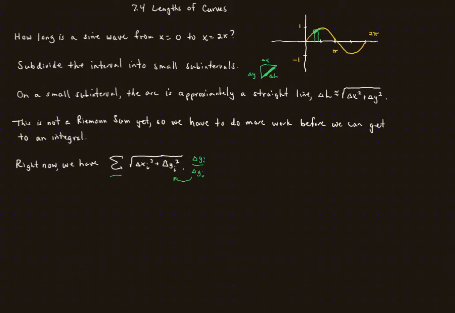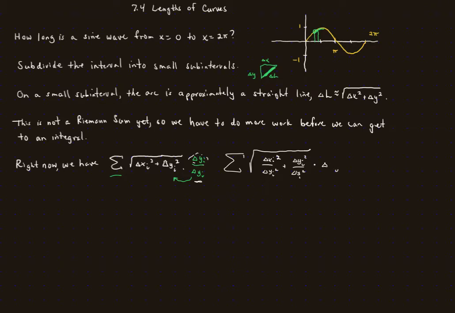So that summation is going to look like the square root of delta x sub i squared over delta y sub i squared, plus delta y sub i squared over delta y sub i squared, and we leave that delta y sub i in the numerator outside the radical. Oh, I'm sorry, I don't want delta y's, I want delta x's.